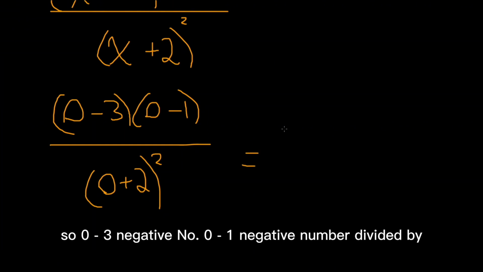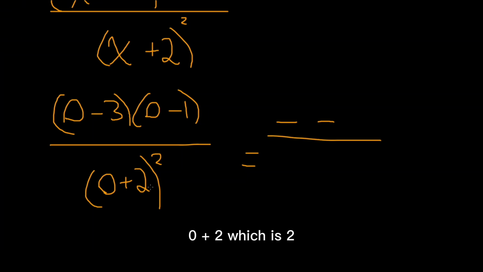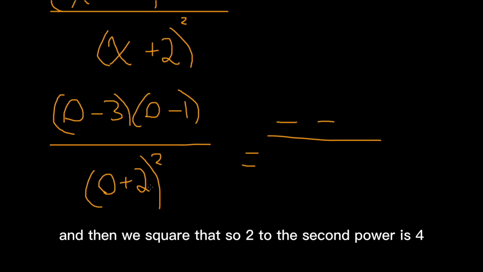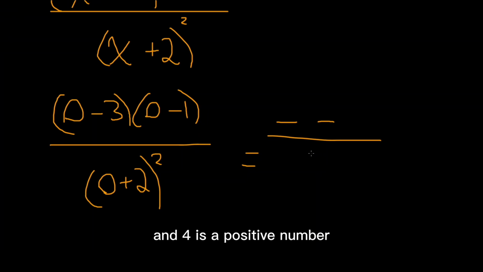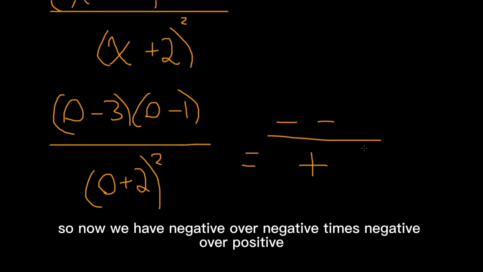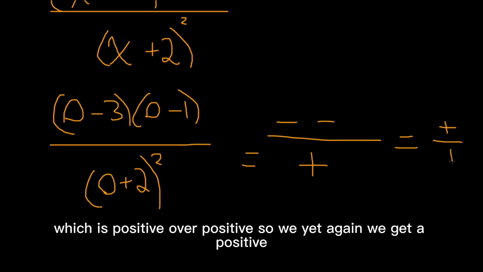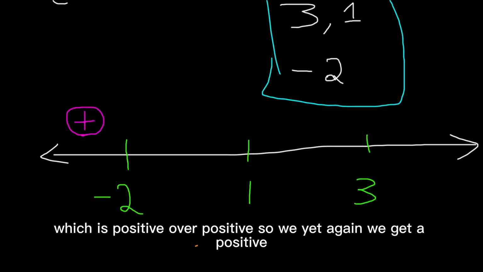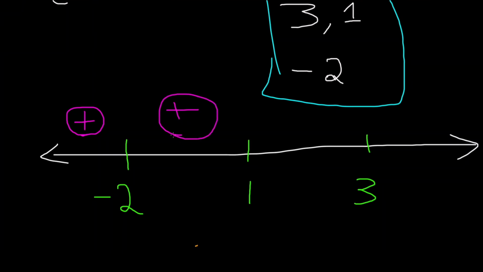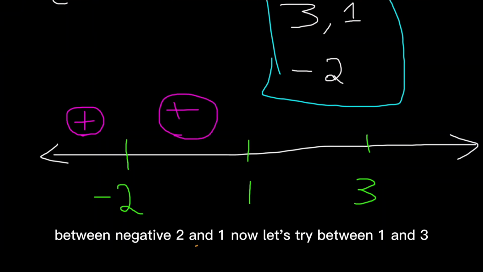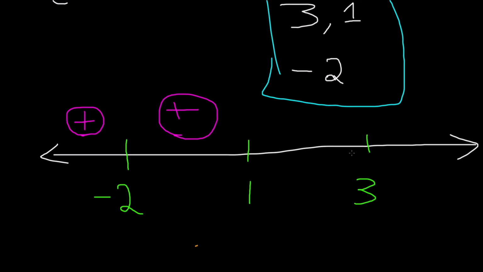So 0 minus 3, negative number, 0 minus 1, negative number, divided by 0 plus 2, which is 2, and then we square that. So 2 to the second power is 4, and 4 is a positive number, so that's a positive number. So now we have negative times negative over positive, which is positive over positive. So we get a positive between -2 and 1.